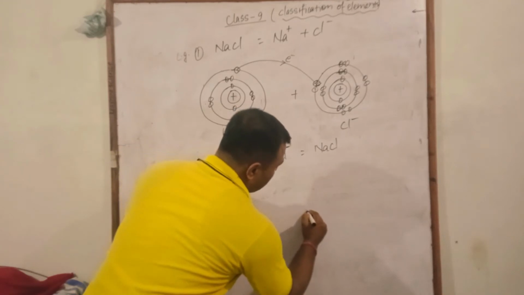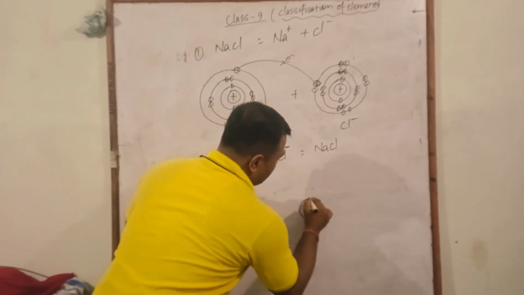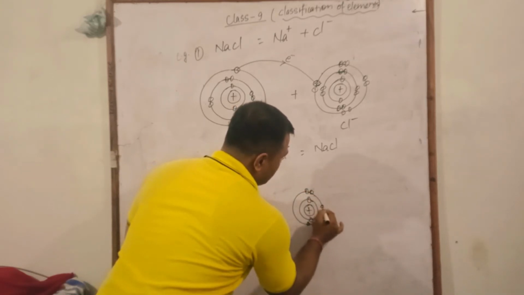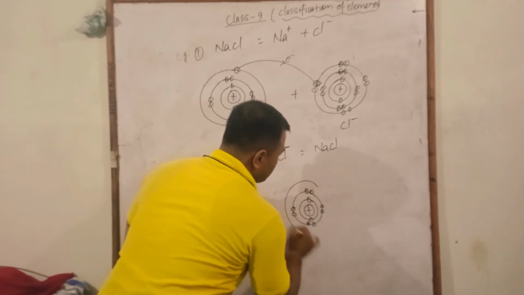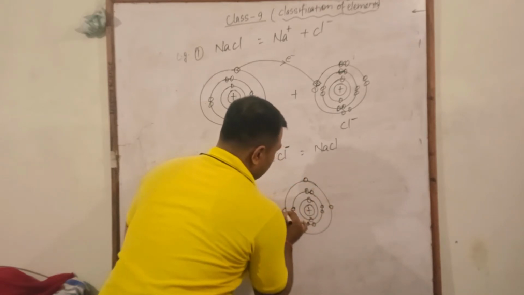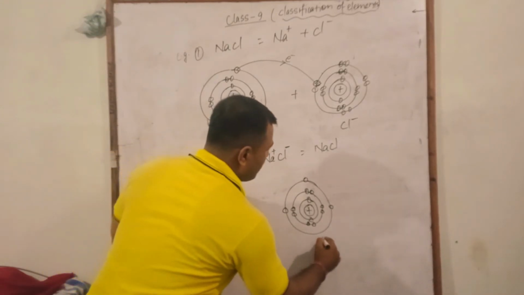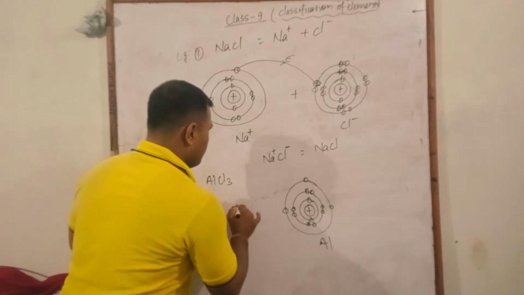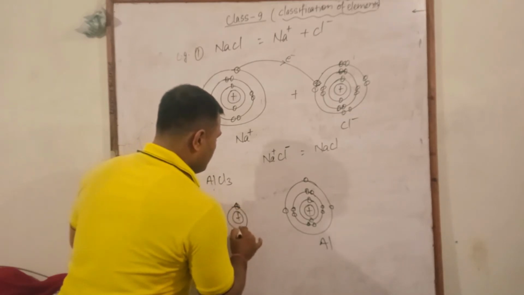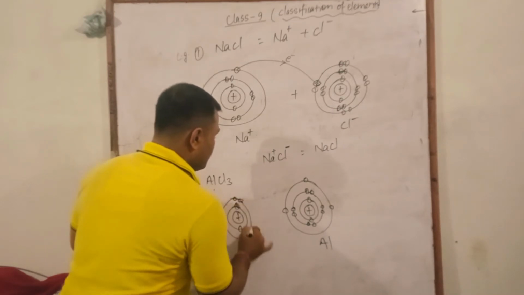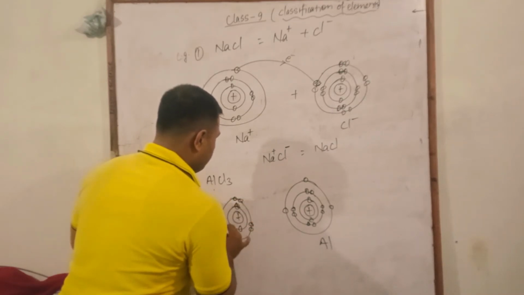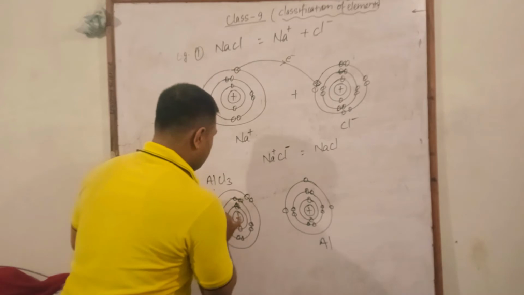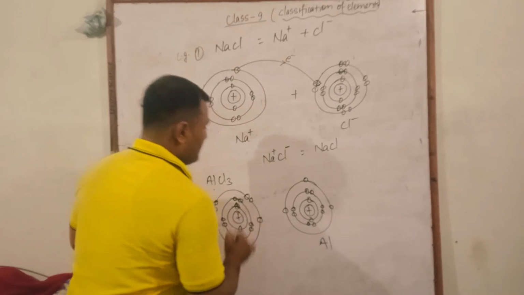As another example, here we describe aluminum chloride. In aluminum, 2 electrons in the first shell, 8 electrons in the second shell, and 3 electrons in the third shell. This is aluminum. And here we draw chlorine: 2 electrons, then 8, then 7 electrons.